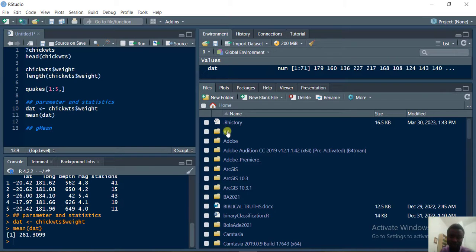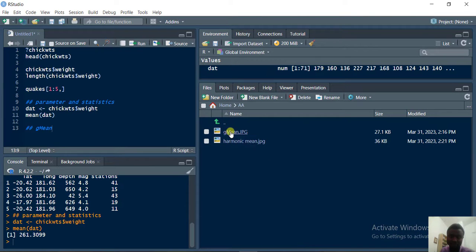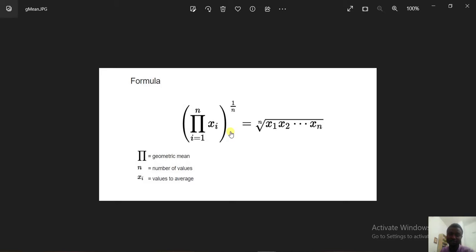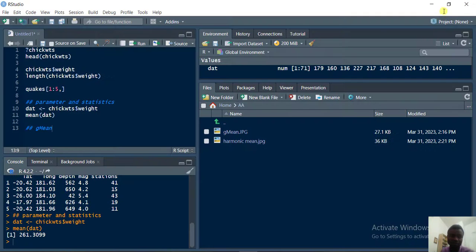So I'm going to show us a picture of the formula for calculating geometric mean. So you could see the nth root, n in this case is the total number of observations, the nth root of the product of all individual observations that we have in the data set. So let's go back and create our function.